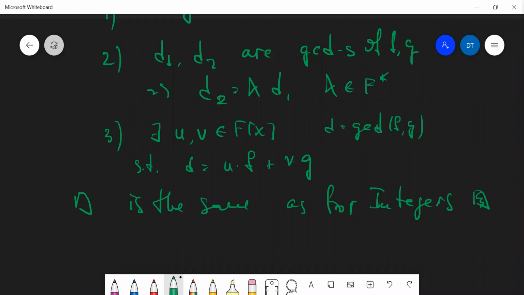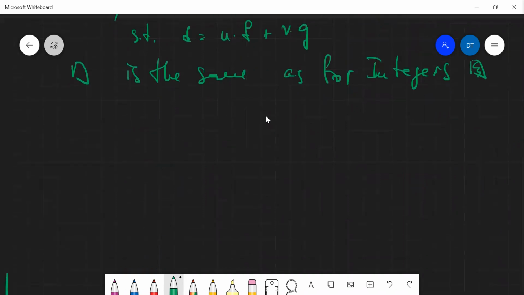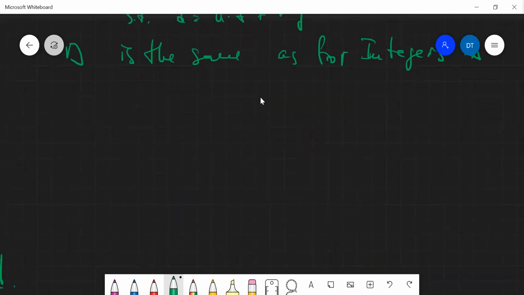Yeah, and there is an effective way of finding the greatest common divisor using the extended Euclidean algorithm. Let me say a couple of words regarding this algorithm. It's based on the following idea.